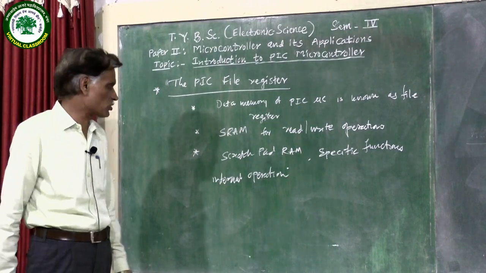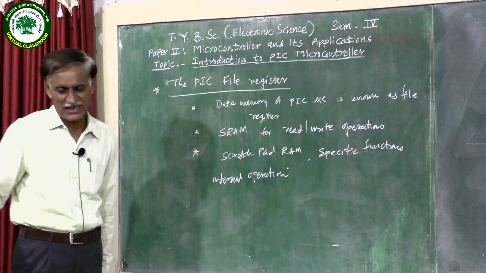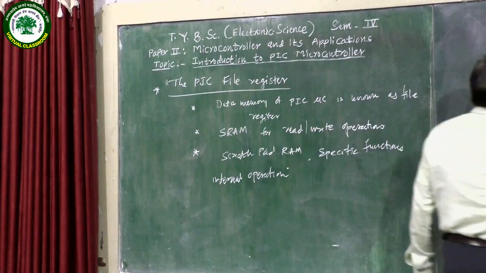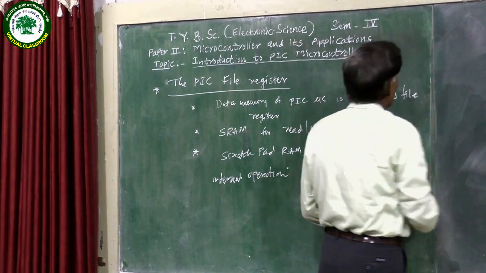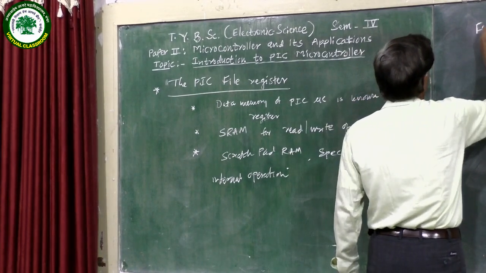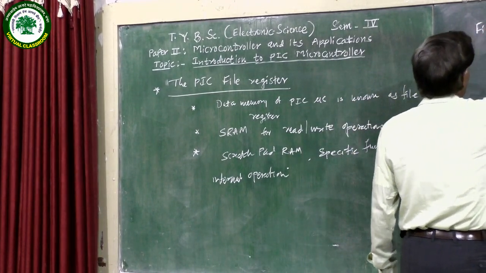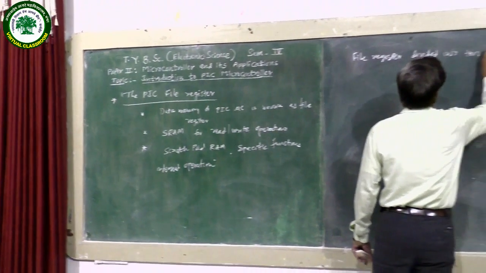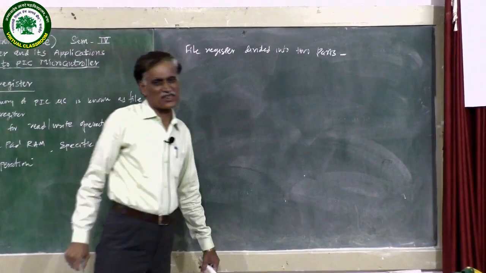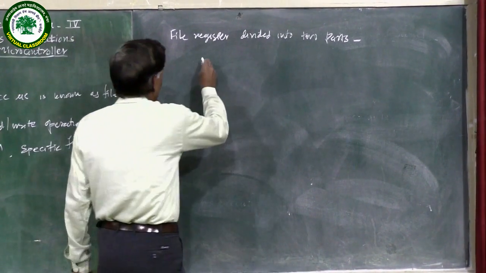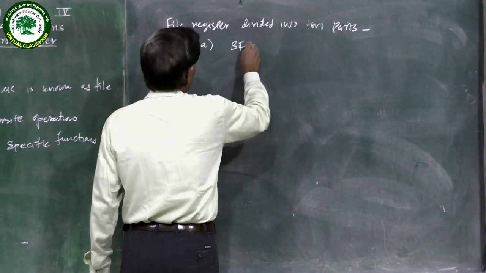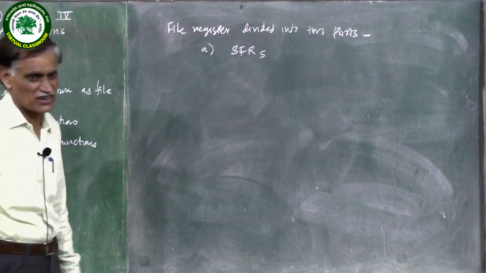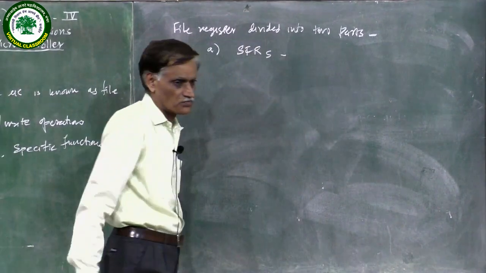As far as PIC microcontrollers are concerned, this file register is divided into two parts. Number one is known as special function registers, shortly abbreviated as SFRs.